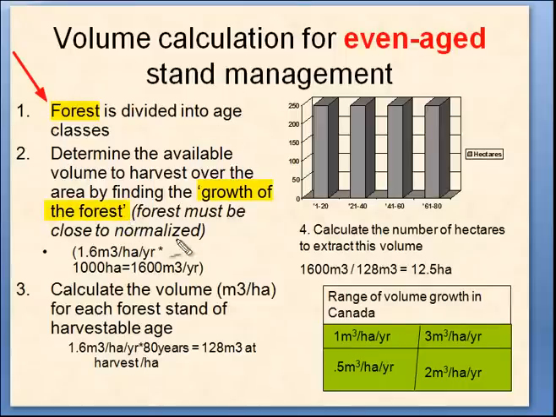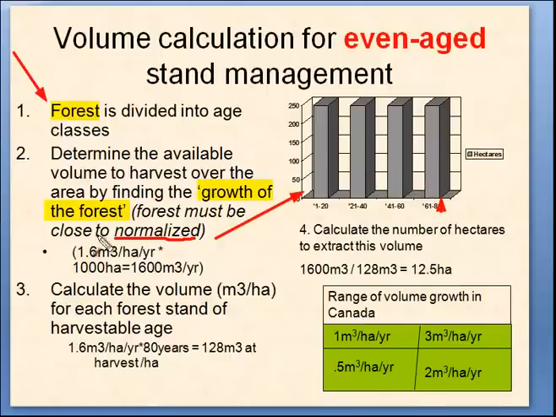And what we want, when we determine that, we hope the forest is quite normalized. That's a fancy way of saying that it has a sustainable growth, like we talked about in the last video, an equal amount of area in each age class until the point it reaches harvest, right here.